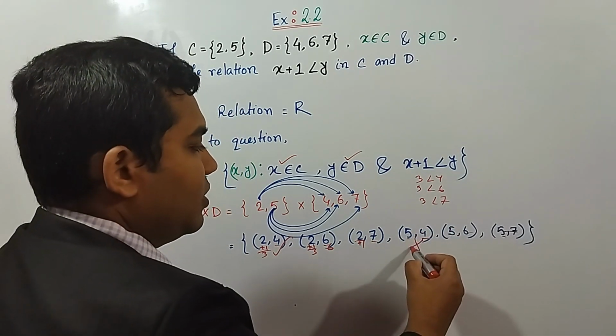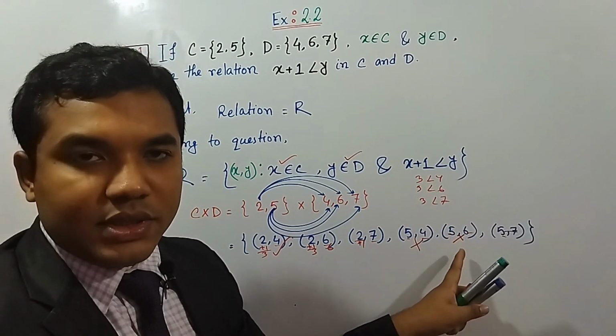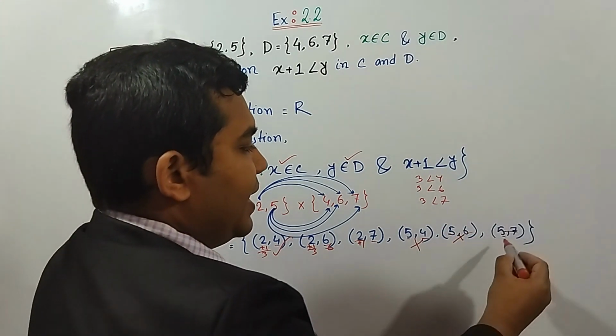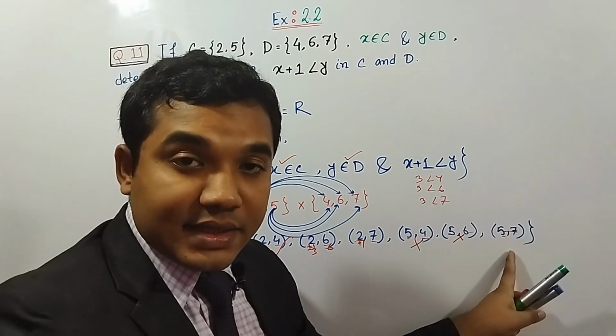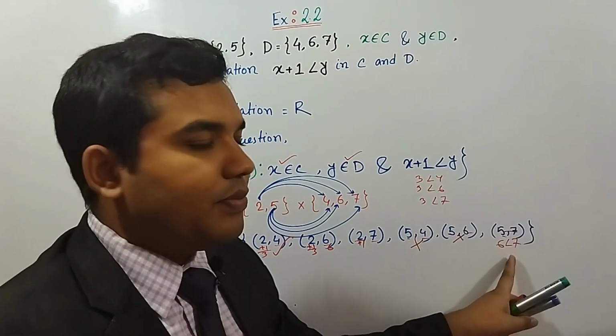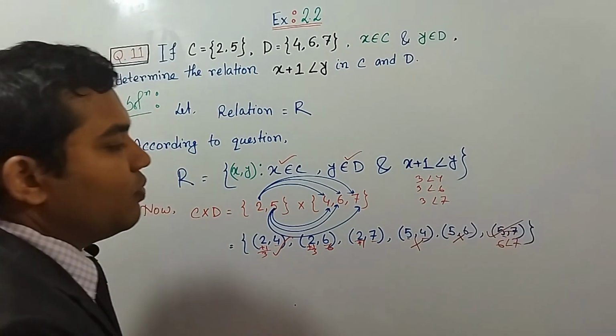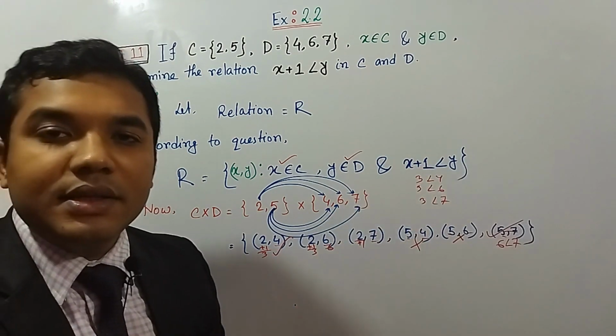Absolutely not. For 5 + 1 = 6, 6 is equal to 6, so it is not countable. And here 5 + 1 = 6, and 6 is less than 7, so this one satisfies the condition.